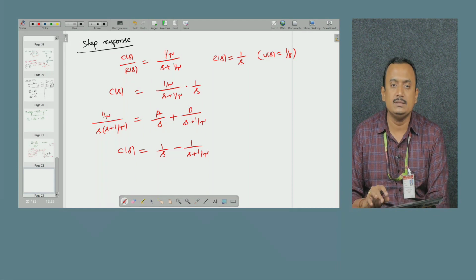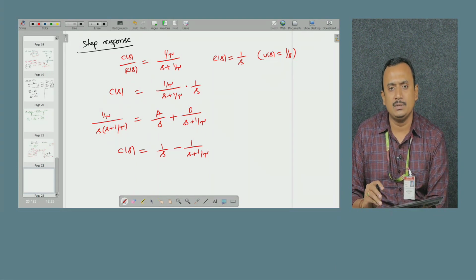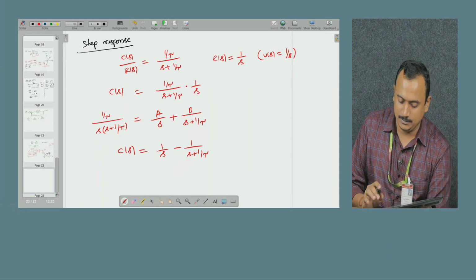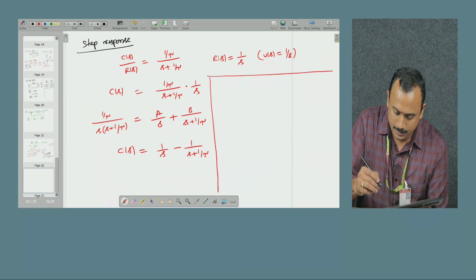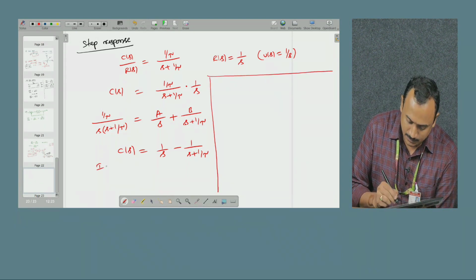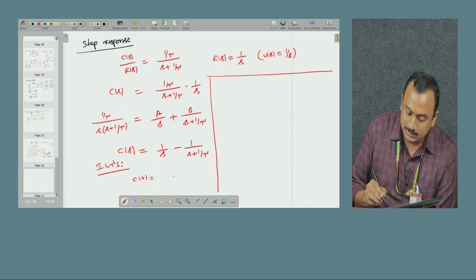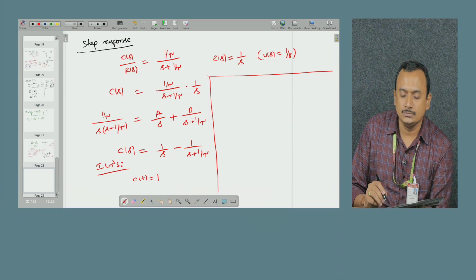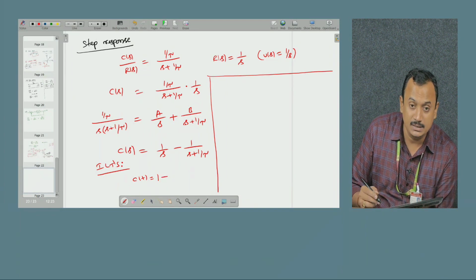Now at this stage it is possible to apply the inverse Laplace transform. So after applying the inverse Laplace transform, what will I get? C of t is equal to L inverse of 1 by s, that is 1, minus L inverse of 1 by s plus a.